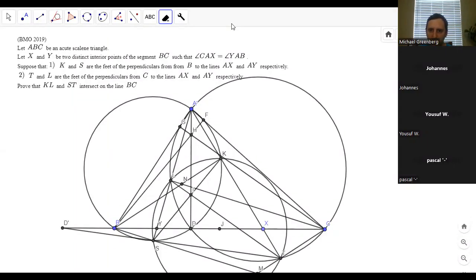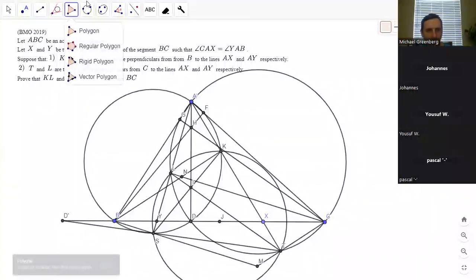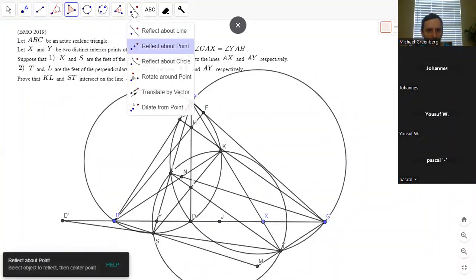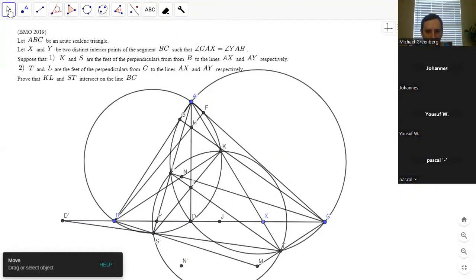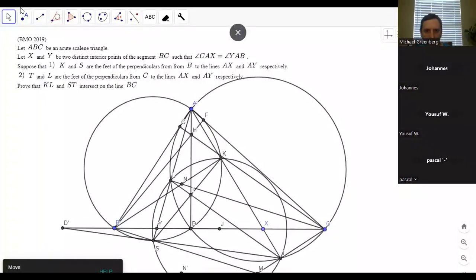If N prime is the reflection of N over KL. So in that case, N prime M is going to be parallel to BC, and he said it suffices to show IN prime and IN are isogonal with respect to I. That's kind of interesting.